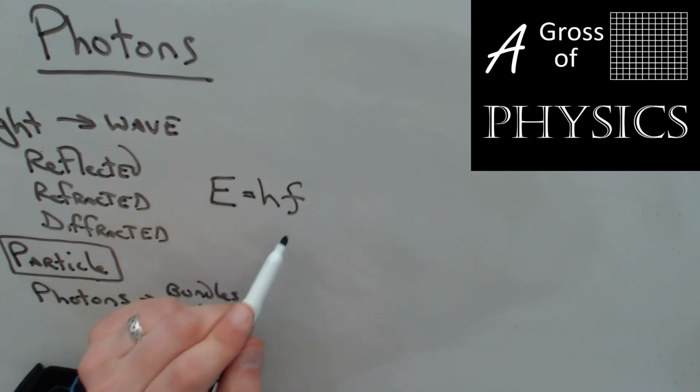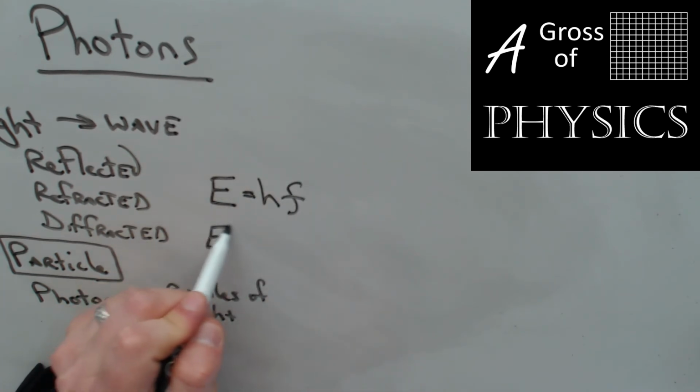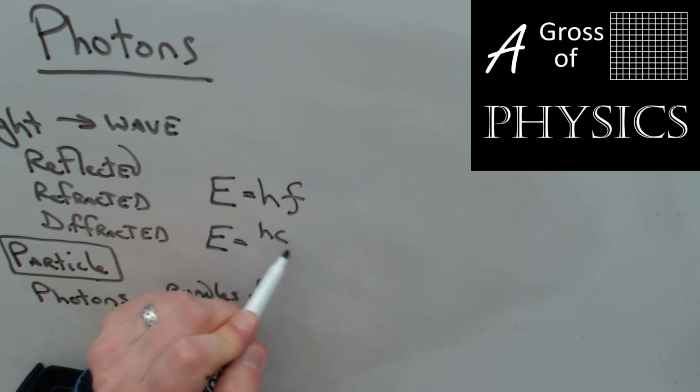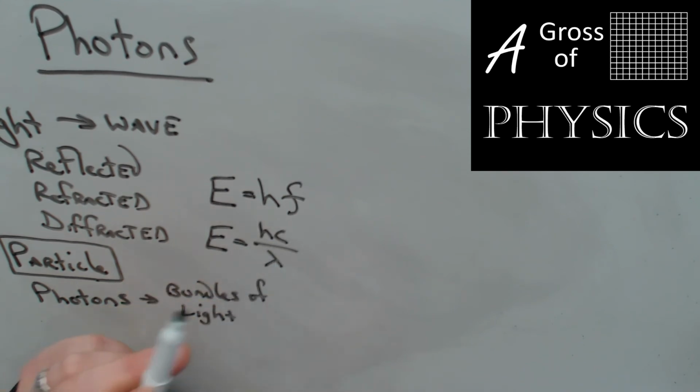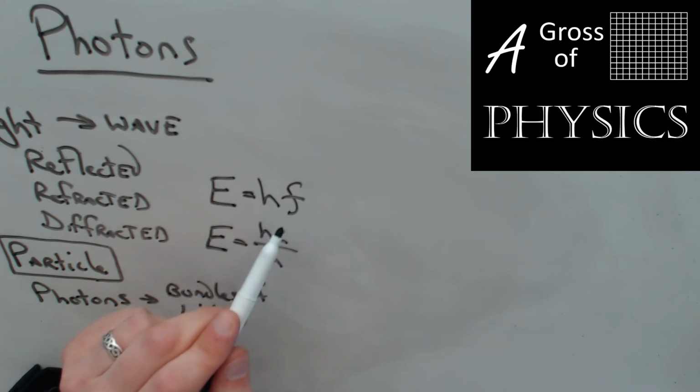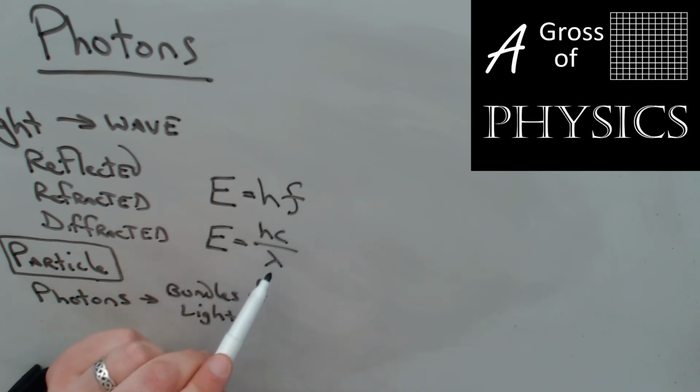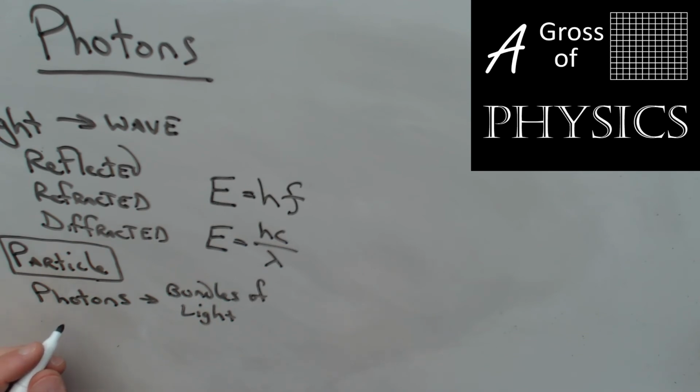Now, if we don't have the frequency, we could use the alternative version of that, which is hc over lambda. So the energy of the wave is related to the frequency or the wavelength. Now, the way we can use this in a calculation is we can calculate how much energy is present in the photon if we know its frequency in hertz or the wavelength in meters.